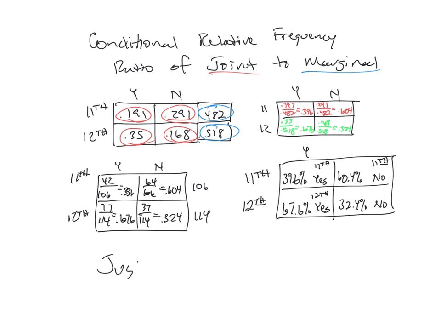In this situation, you're comparing to just 11th or just 12th. So that will help you decide when to do this one: I'm dividing the juniors by just the total number of juniors. You've got to rationalize those two things. Conditional will narrow it down. That's the best way I think I can explain it.